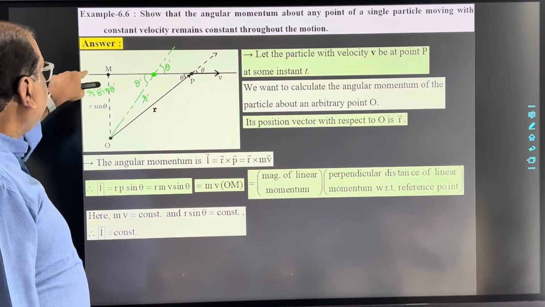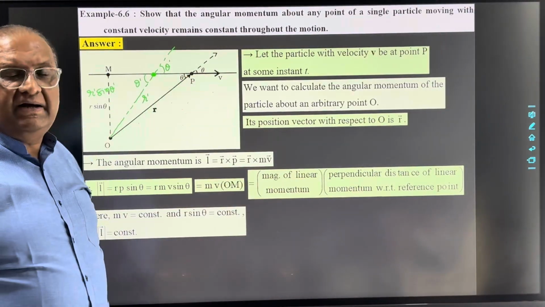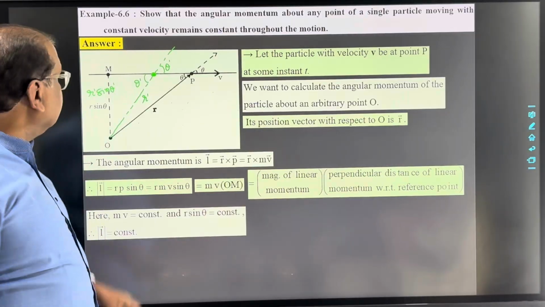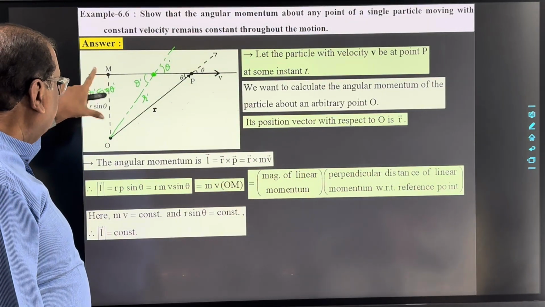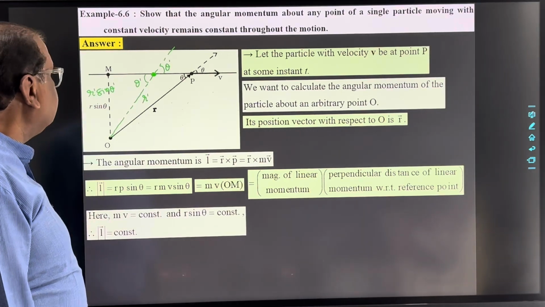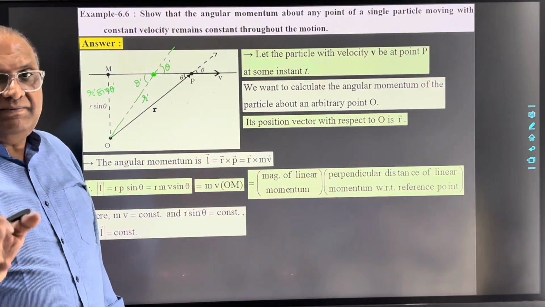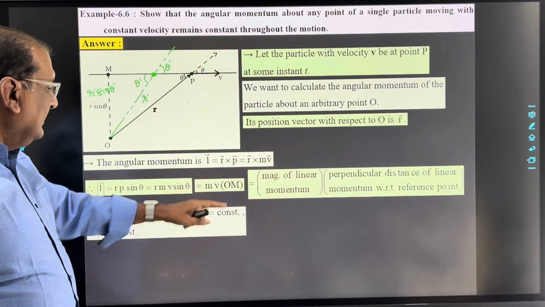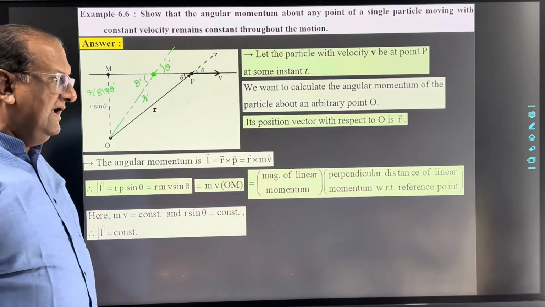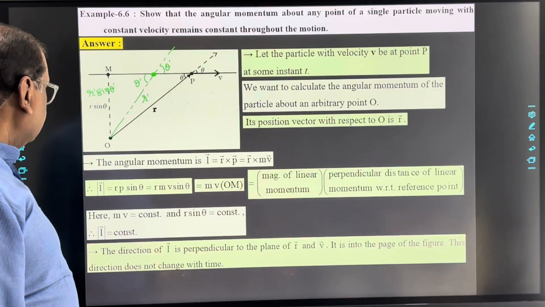It implies that for any position of the particle, the perpendicular distance of the linear momentum with respect to this reference point remains constant. So we can say if m v is constant and R sine theta is constant, then L is constant.